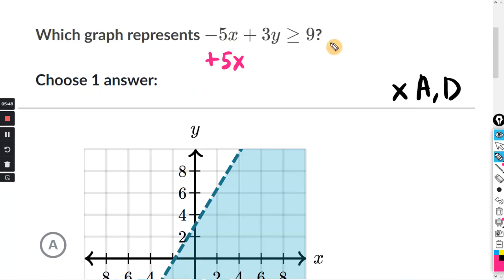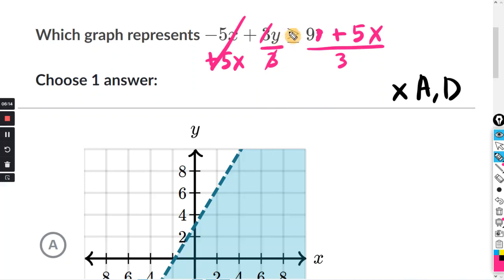I'm going to do that to both sides. 5x minus 5x is gone. We're left with the 3y. The opposite of times 3 is divided by 3, so 3 over 3 cancels. And we don't have to simplify this because we already know what the line looks like.